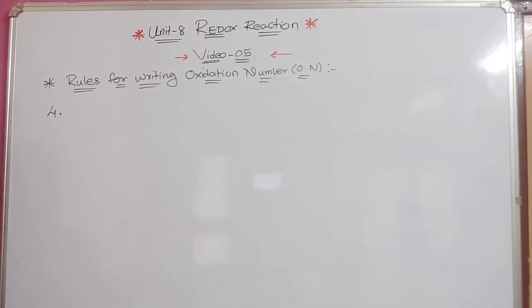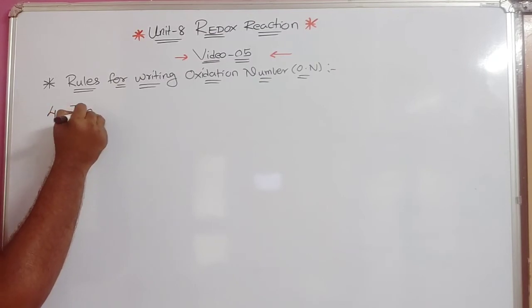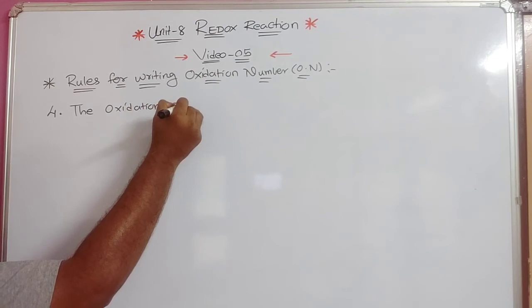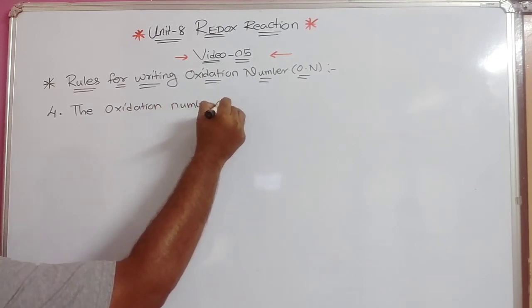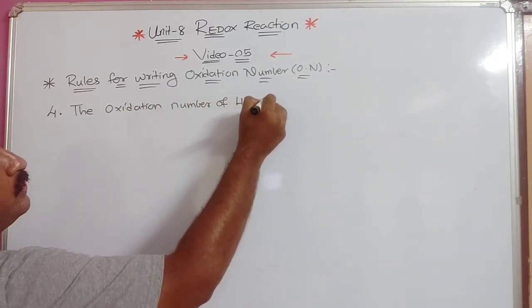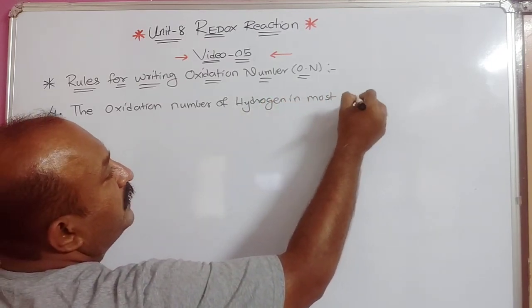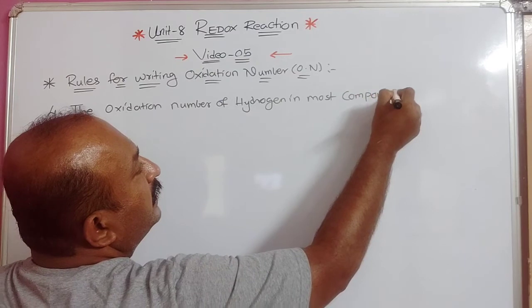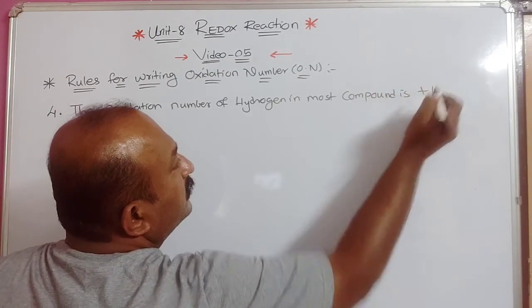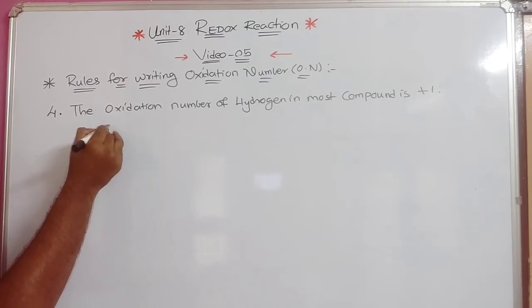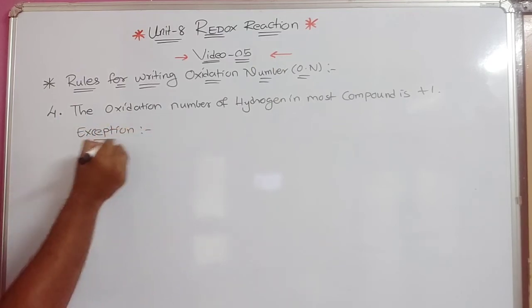Now rule number 4 is about hydrogen. The oxidation number of hydrogen in most compounds is +1. Okay, but there is an exception in this also. Now what is that exception?